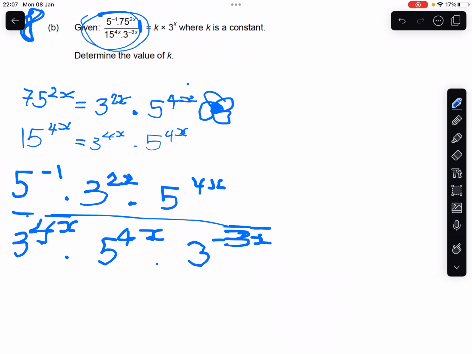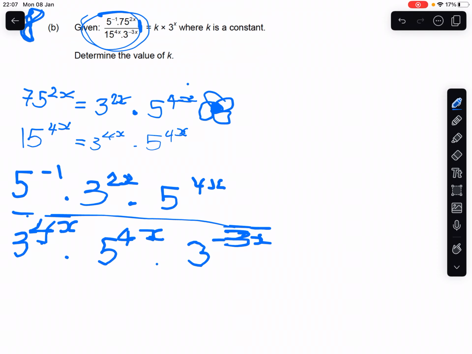Perfecto. And now we can use our laws of exponents to work with the powers that have the same bases, right? So if we multiply powers that have the same base, we can add the exponents, and to divide, we can subtract the exponents. So we're going to work with the powers that have base 5, and we're going to work with the powers that have base 3, right?